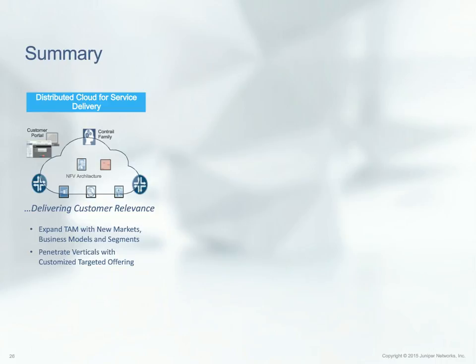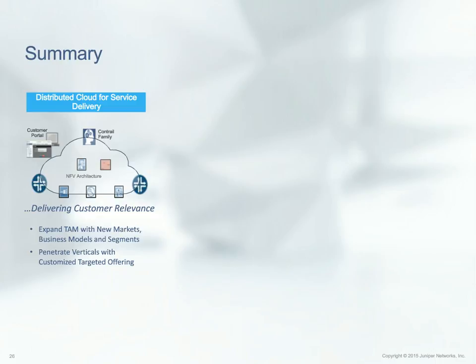So in summary, what we've gone through here is a distributed cloud approach, first and foremost for service delivery. We saw in our first poll question that agile service delivery is top of mind for a large part of the audience here today.